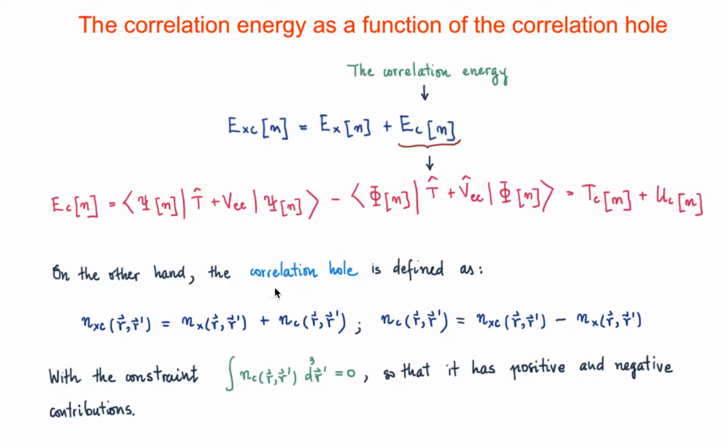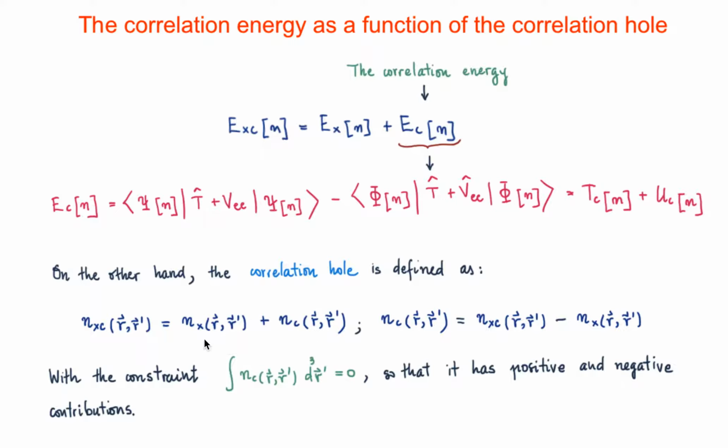On the other hand, we have a correlation hole, which is of course related to the exchange and correlation hole that we defined in order to describe the reduced pair density. The exchange and correlation hole can be decomposed into two different contributions. One is the exchange hole and the other is the correlation hole.